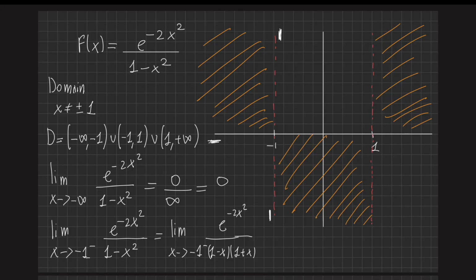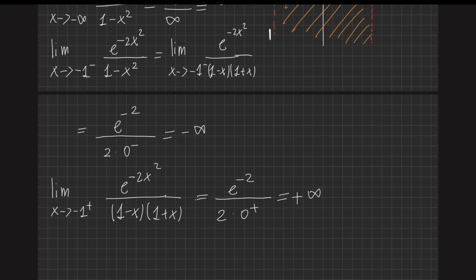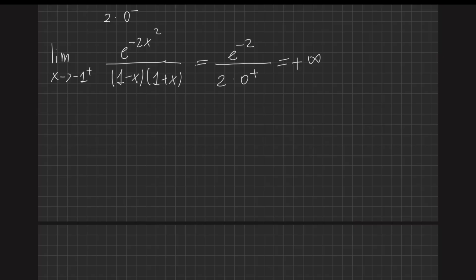Now the limit at 1, let's start with the left limit, so let's compute the limit as x approaches 1 from the left side, so 1 minus, of e to the minus 2x squared divided by 1 minus x times 1 plus x.